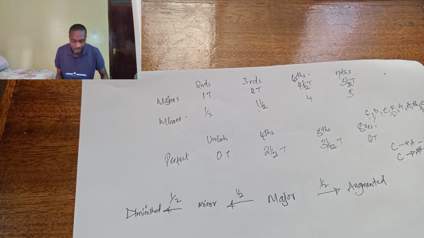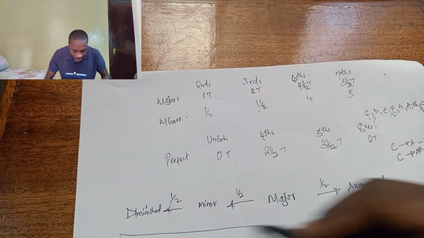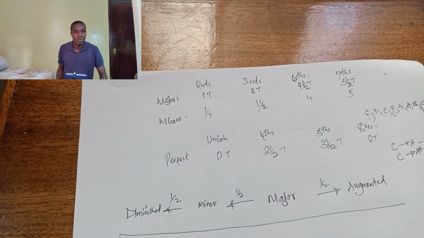This is a secret which is so important for you to learn. Increasing a major interval by a half step gives you an augmented. Decreasing it by a half step gives you a minor interval. Decreasing the minor by a half step gives you a diminished interval. Increasing a minor by a half step will give you a major interval.